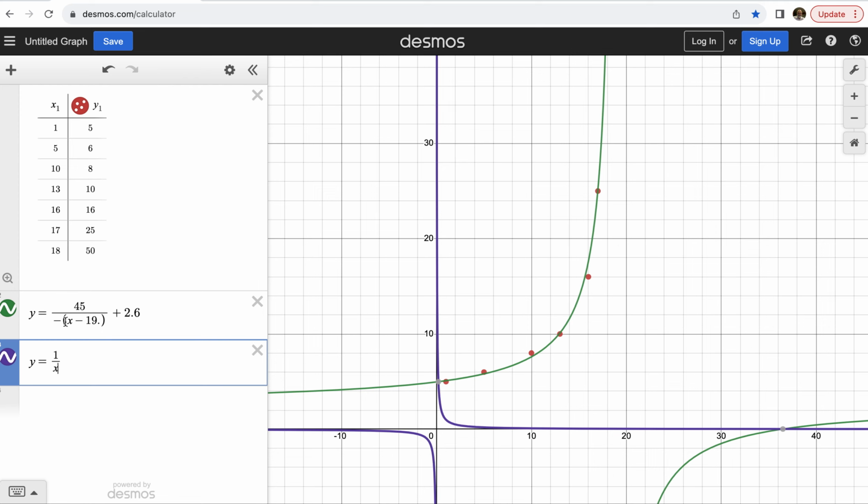This has an asymptote at 19. There's no x-intercept, so it'll never cross the x-axis for the data. It does over here, but this is beyond where the actual data can be. So this is out of the domain. This part is in the domain. Okay, hope that helps you finish up the lab if you haven't done it.